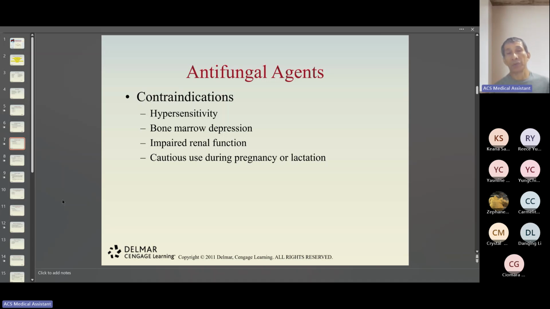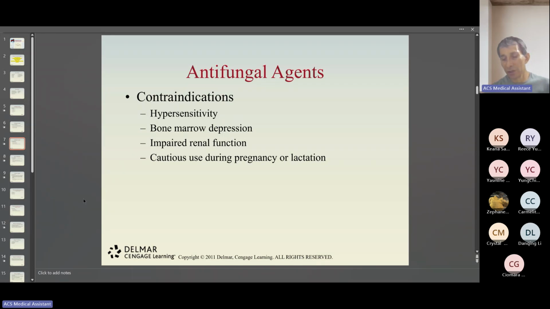So you're not going to be producing enough red blood cells, white blood cells, and platelets. That's not good because those are the components of the blood, and each component of the blood has a different function that is vital to the survival of the person. If you are damaging it, not good.